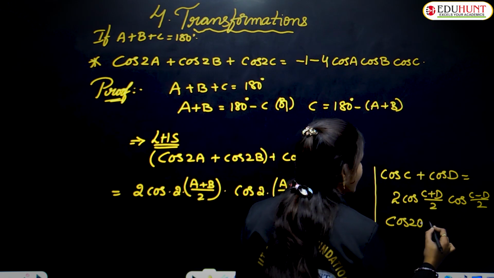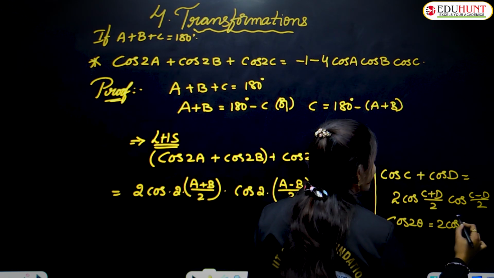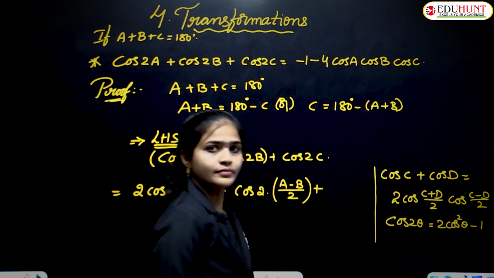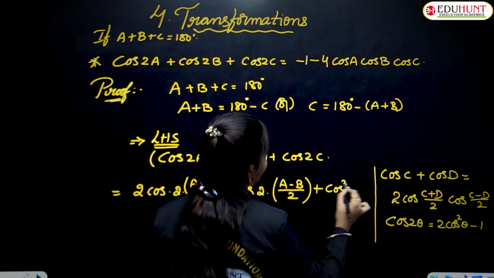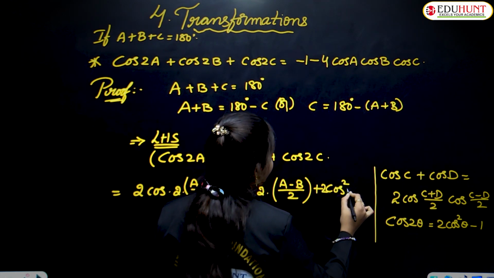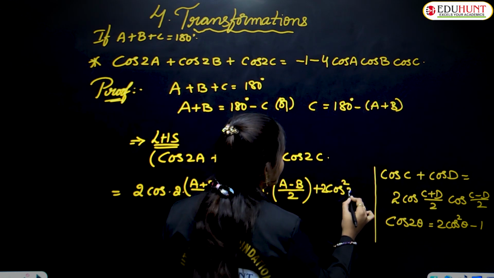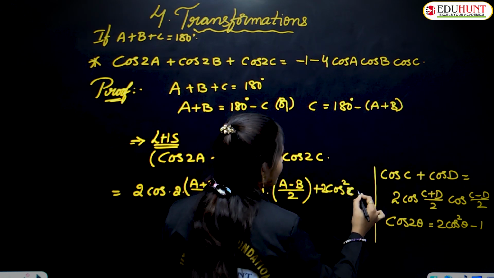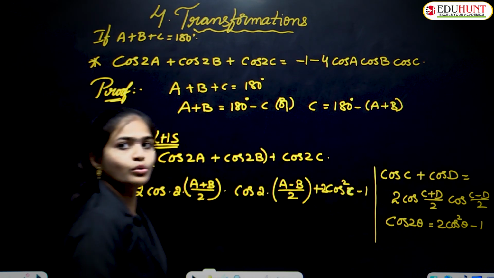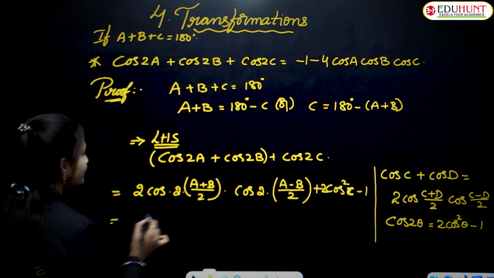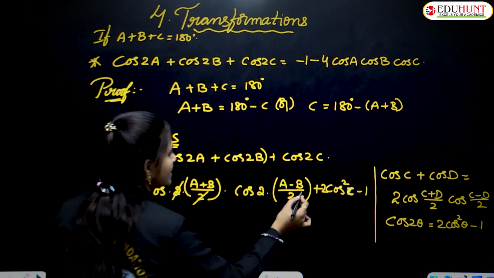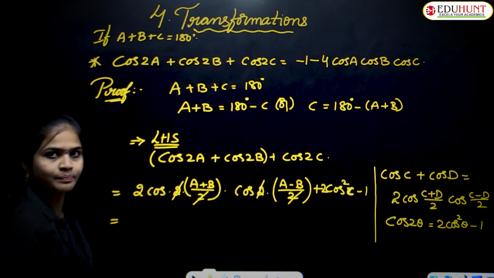Cos 2 theta is equal to 2 cos square theta minus 1. So by that formula, in the place of theta here we have 2 cos square c minus 1. Am I clear? So here 2 and 2 get cancelled, here also 2 and 2 get cancelled.